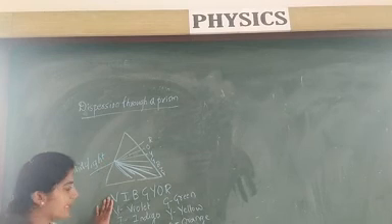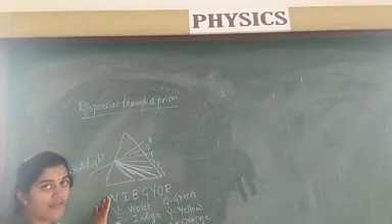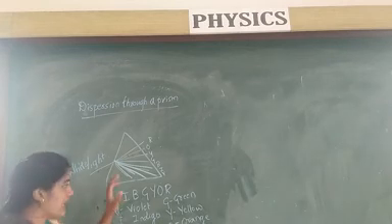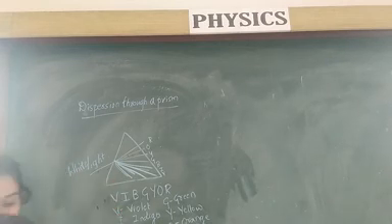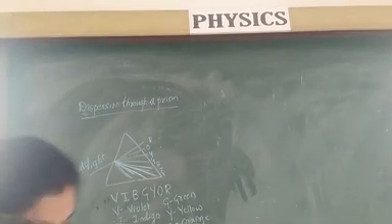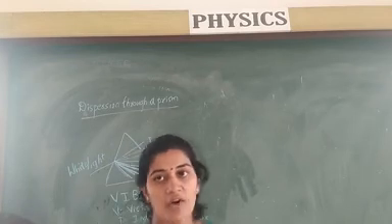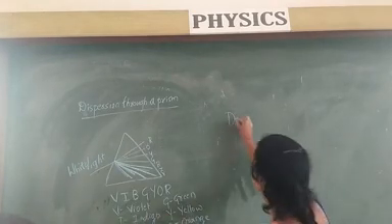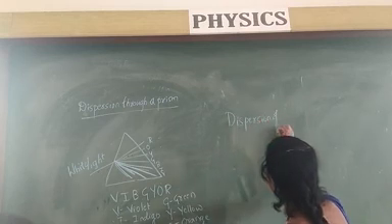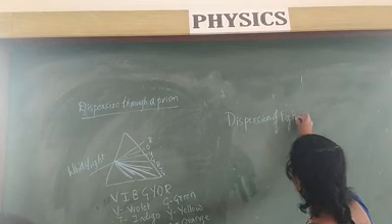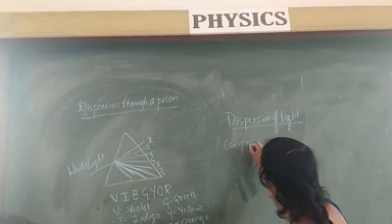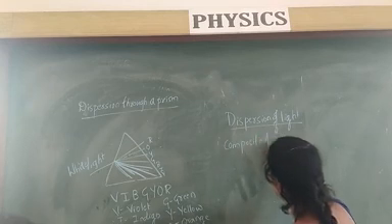Total 7 colors. When a light is made to fall on the prism, at that time we obtain the 7 colors. Now next we are studying the dispersion of light.